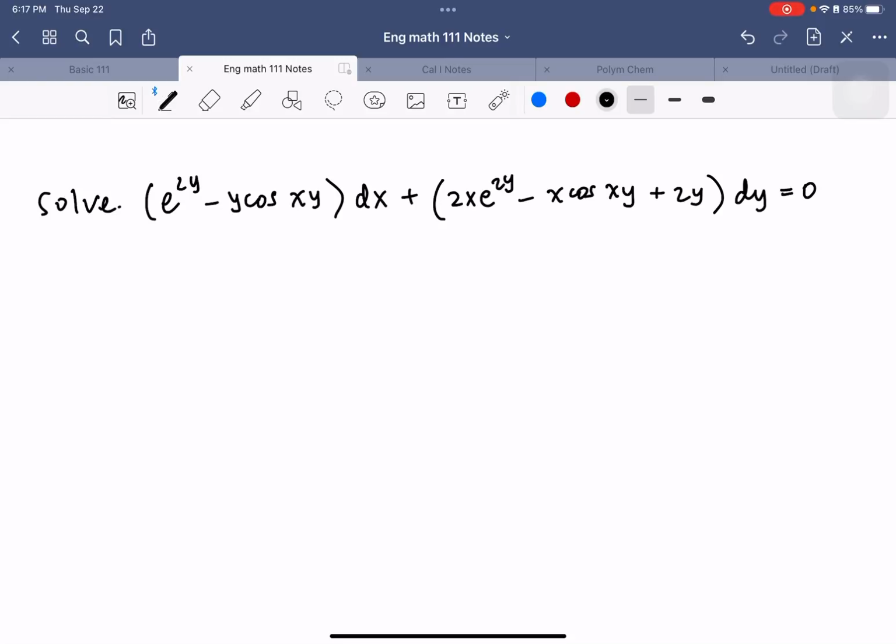So the first thing that comes to mind is whenever you have this kind of equation, with the dx and dy parts, then the most obvious way to try to solve it is to check the exactness. So first check exactness.